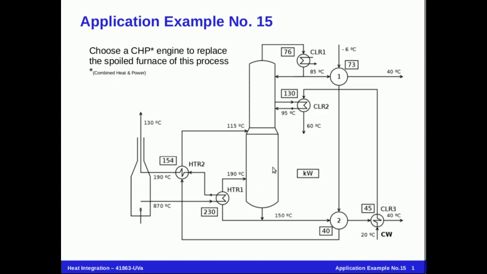And the last cold stream is the feed, from -6 Celsius to 150 at the entrance of the column. We have no intermediate temperatures, so we will take it as a constant MCP stream, a linear one.